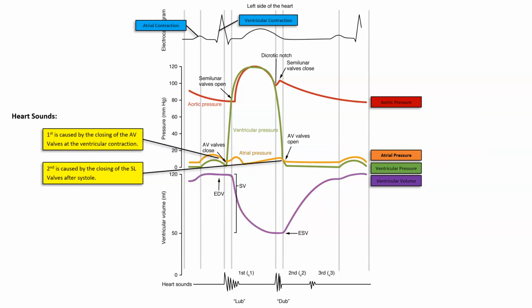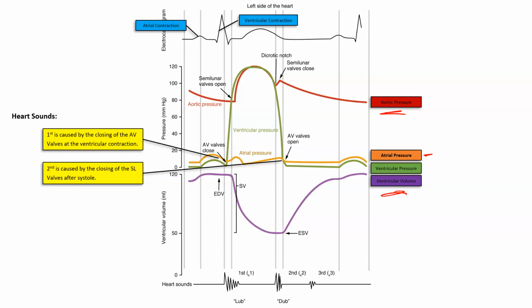Again, it is likely that you will see a graph very similar to this on your IB exams. You need to be able to correlate all of these different variables to what is happening within the blood. The reason I said up front that this particular concept within 6.2 is difficult is because you have to have a really abstract mind, and you have to be able to visualize not only the blood flow through the heart, but also correlate that blood flow route to different variables, specifically aortic pressure, atrial pressure, ventricular pressure, and ventricular volume.